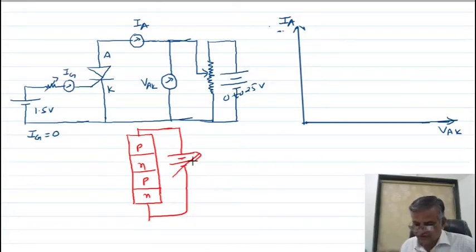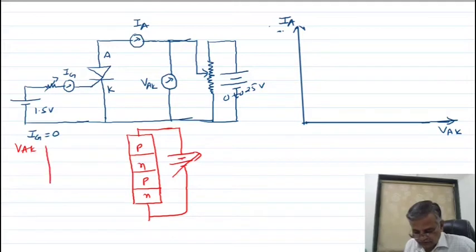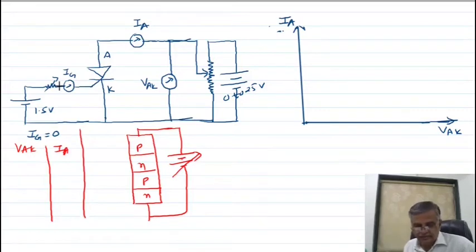You are increasing anode cathode voltage and you are measuring anode current. I have kept this open, so Ig is 0. As Ig is 0, you are increasing this voltage, the anode voltage.